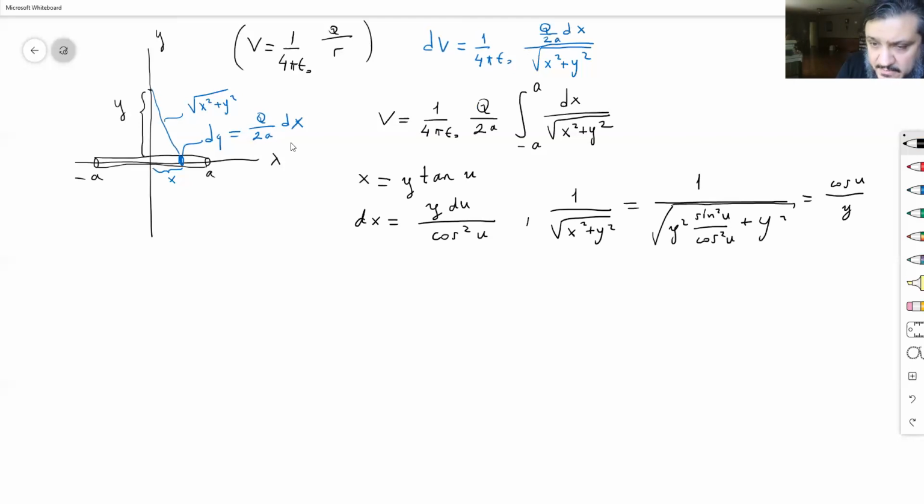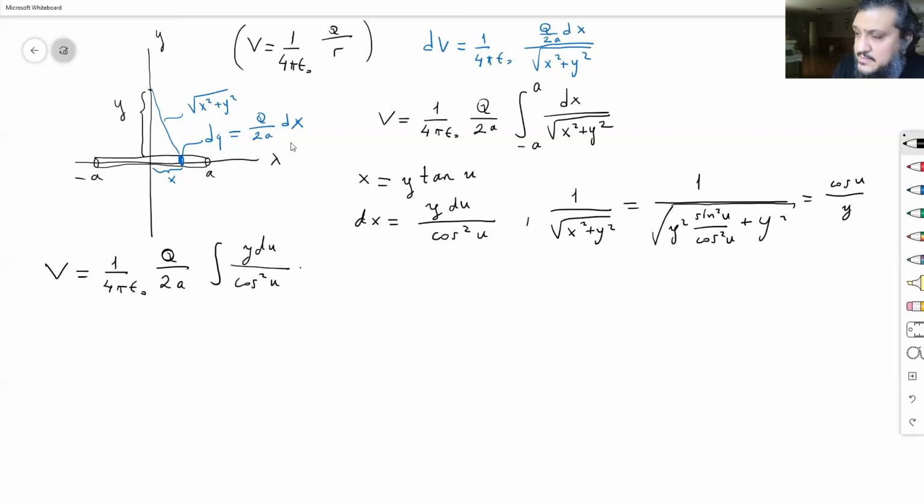So the integral is 1 over 4 pi epsilon 0 q over 2a. I'm not writing the limits for now, let's just use indefinite integrals. Dx is y du divided by cosine squared u, and then this factor here is cosine u over y.